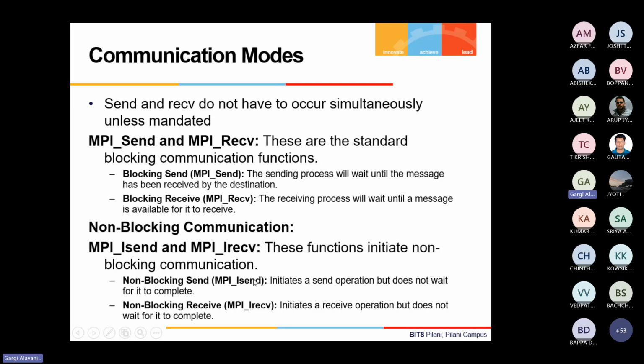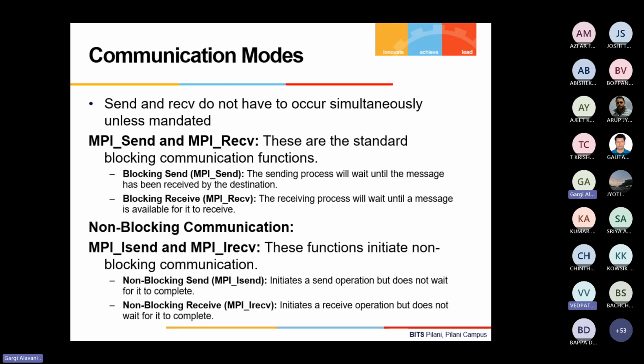These are non-blocking communication. What happens is you initiate a send operation but do not wait for it to complete. Similarly, in non-blocking receive, you initiate a receive operation but do not wait for it to complete. You let it happen in the background and you move on and do other tasks.